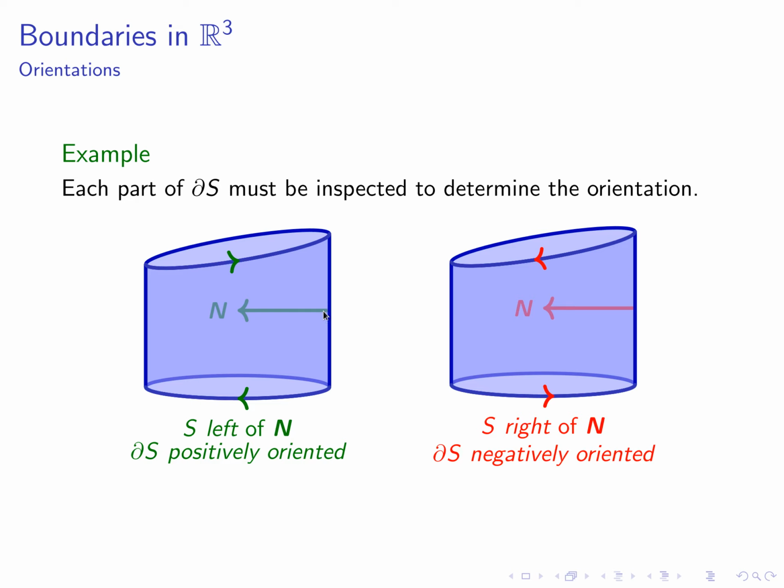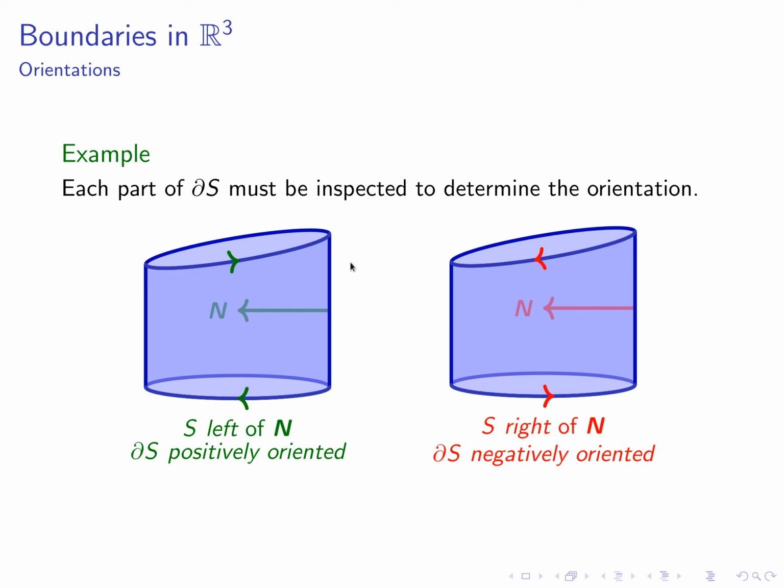Again, if we imagine ourselves being the normal vector here, when we walk up to the outer edge of the boundary, we find that the surface itself is to the left, not to the right. But here on the right, when we walk up to each part of the boundary, we find that the surface is to the right, not to the left.